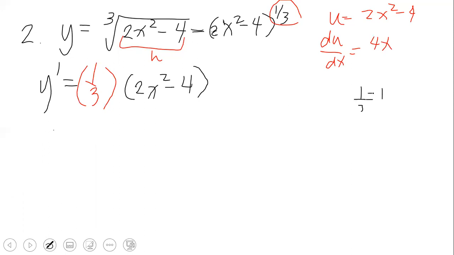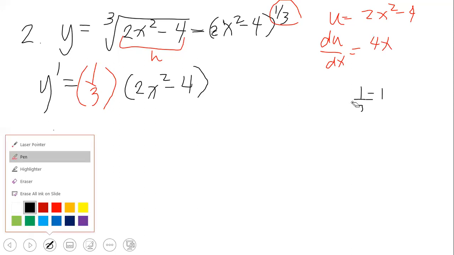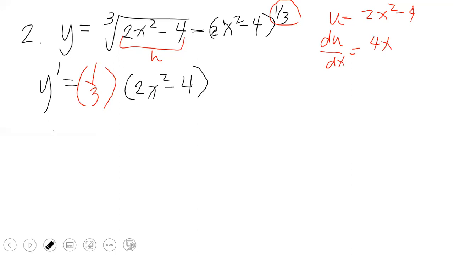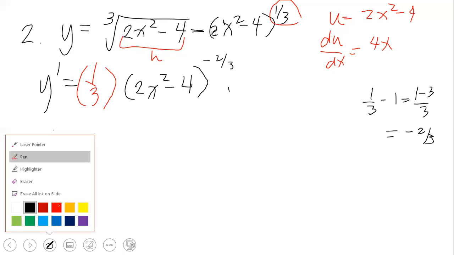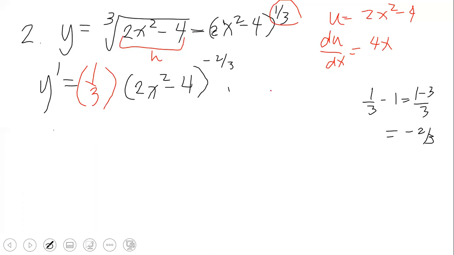So, 1/3 minus 1, which is 1 minus 3 over 3, which is negative 2/3. Right? So, negative 2/3 times the derivative of this function u. Now attach the derivative, 4x.